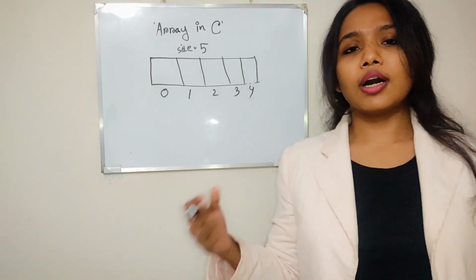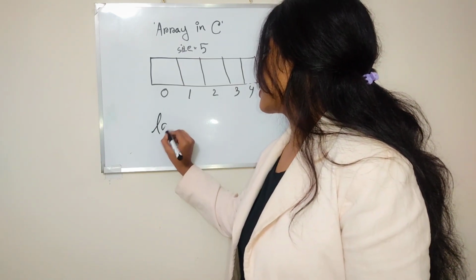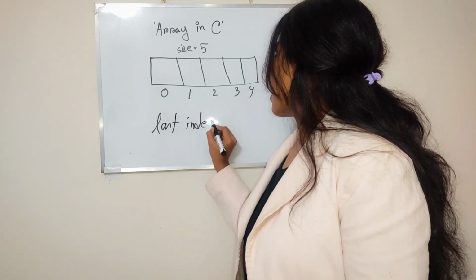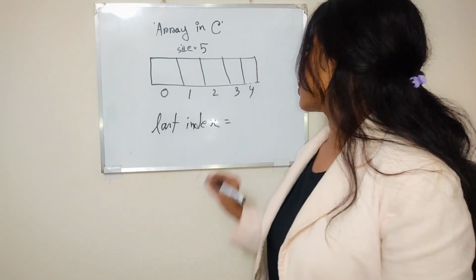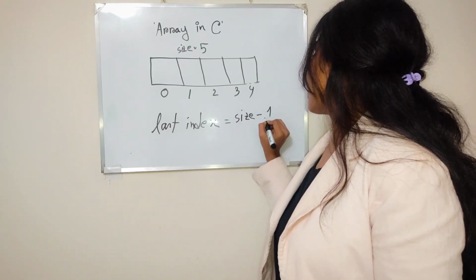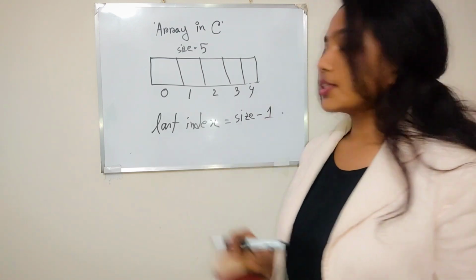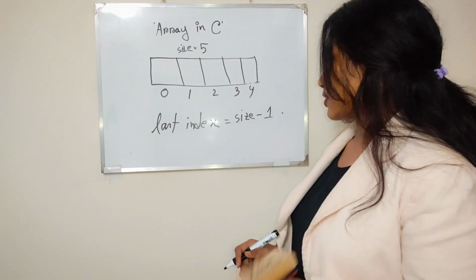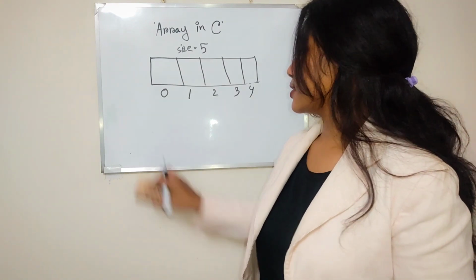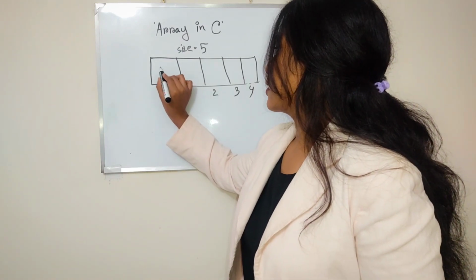Let's come to a hypothesis. You can say that the last index is equal to the size of the array minus 1. So just note it down. This is very important. Now that you know about the size of an array and the index, let's learn how you can access elements from an array.